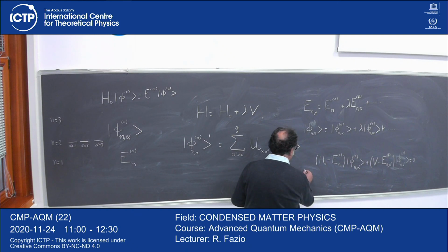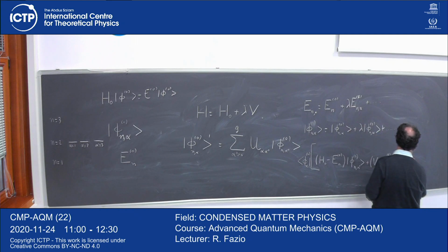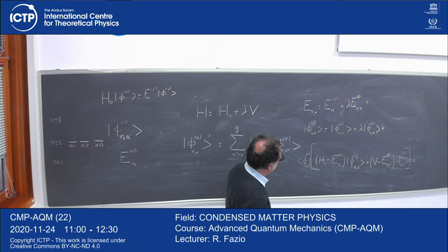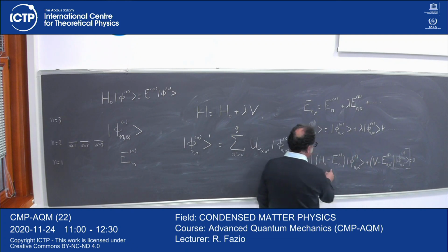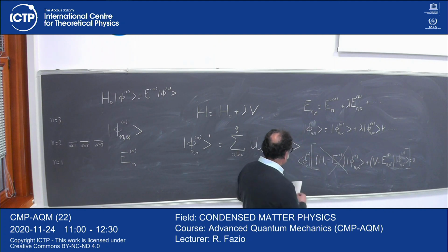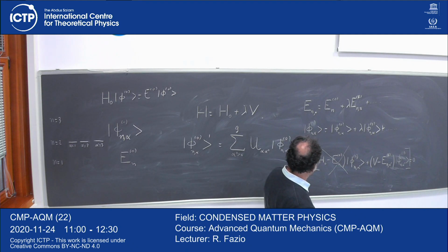Now, if I multiply, as we did before, everything with phi 0 n alpha, then you see that this term vanishes, because you get E0 minus E0.